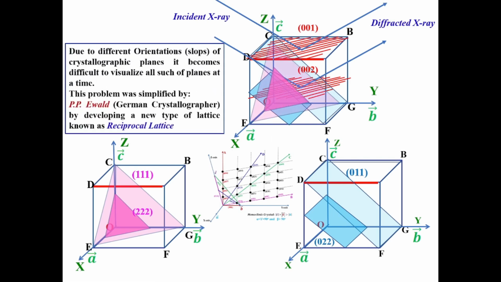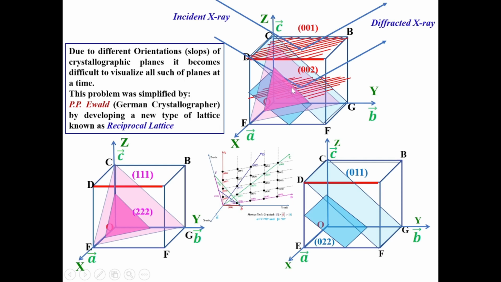Now the problem is that due to different orientations, this plane has one orientation, and this pink color plane has another orientation or slope. Due to the different orientations or slopes of crystallographic planes, it becomes difficult to visualize all such planes at a time.